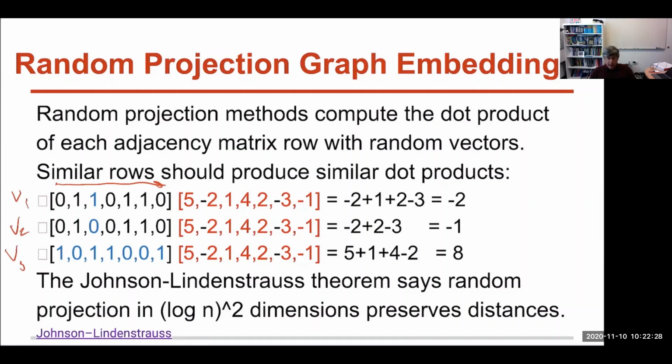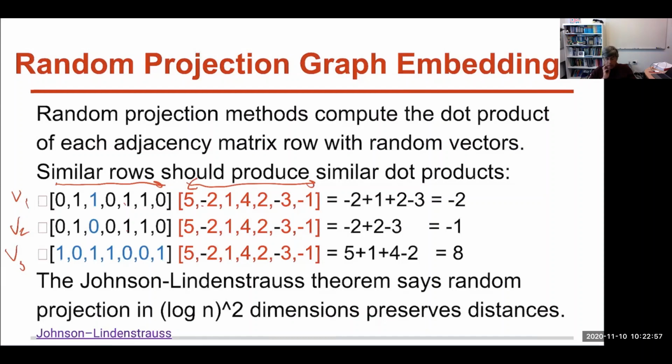Suppose we take the dot product of every row of the adjacency matrix with a random vector, a vector of random numbers. Here I have made up a vector of random numbers, some positive, some negative, and I am taking the dot product of this vector with each row of the adjacency matrix.